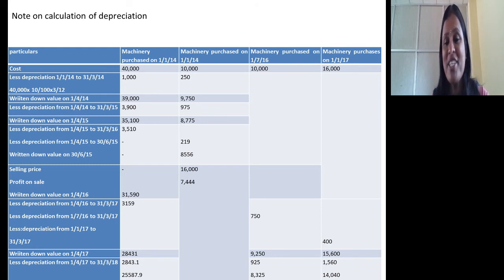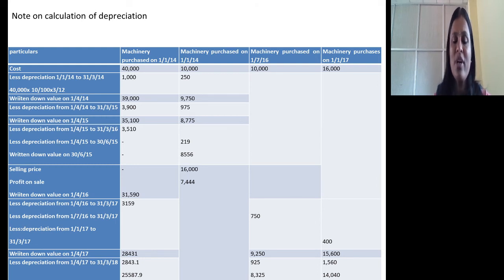Again, one more machinery is there, purchased on 1/1/2017. That also comes in the year 1/4/2016 to 31/3/2017. That machinery will be with us only for 3 months. 16,000 into 10 by 100 into 3 by 12 will become 400. We'll arrive at written down value of all the machinery which will be with us.